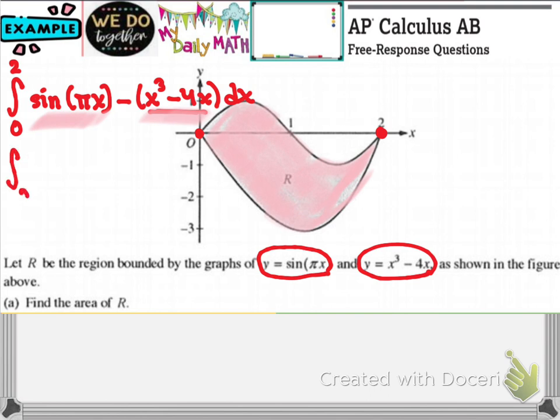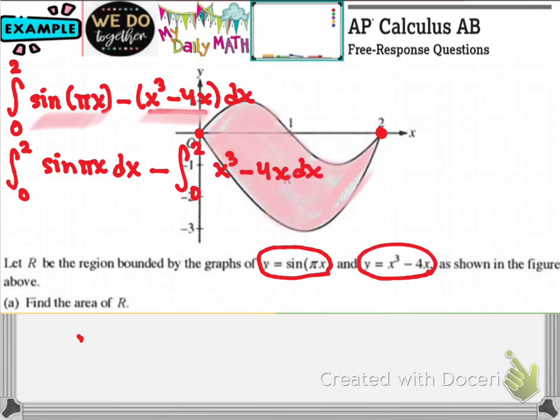The first one, I'm going to do 0 to 2 of sine pi x, just like what we did earlier. And then the second one will be minus the integral of 0 to 2 of x cubed minus 4x dx. I will do a u substitution here, and then the second group will catch up later on. So if I want to do a u substitution, my u will be pi x, just like my previous example.